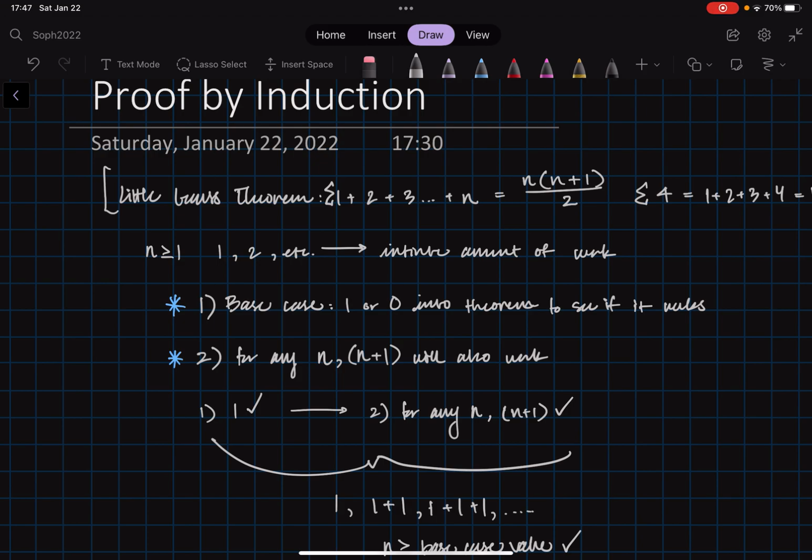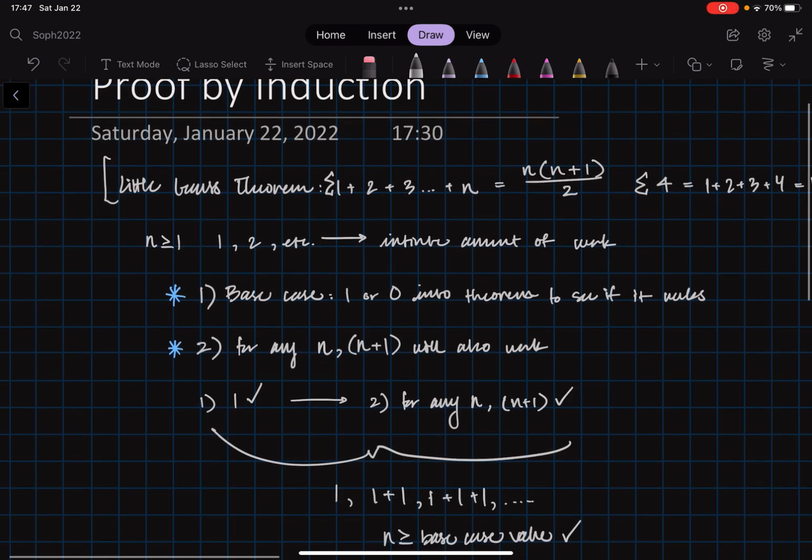So instead of proving that individual cases work, we prove one individual case, and then we prove that every subsequent number works for the theorem. That is, in essence, what proof by induction does.